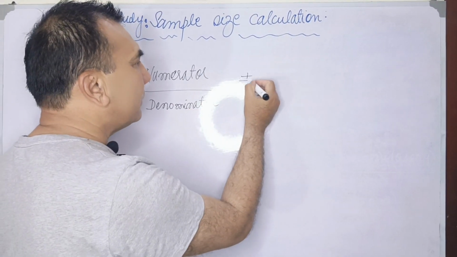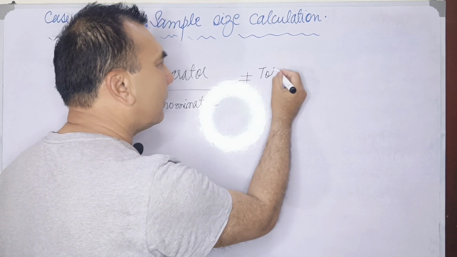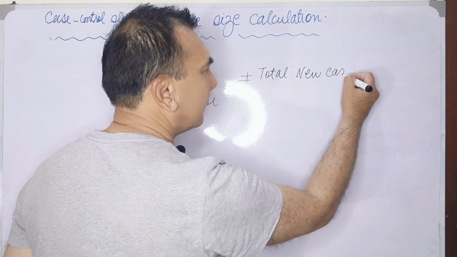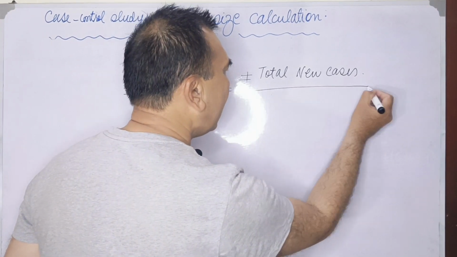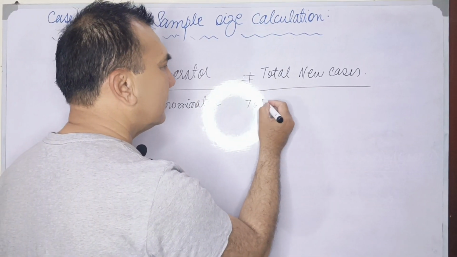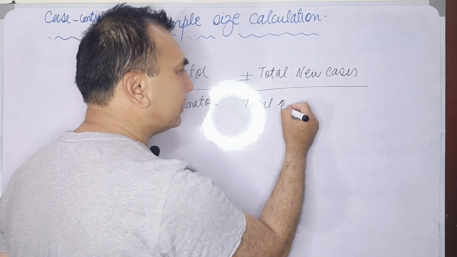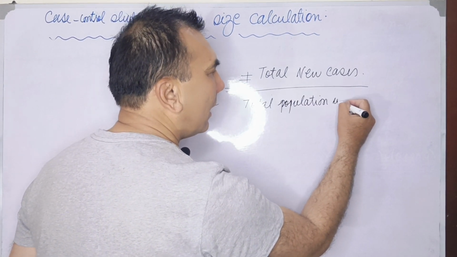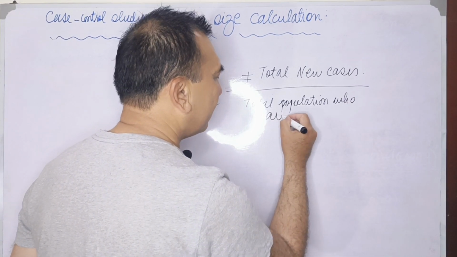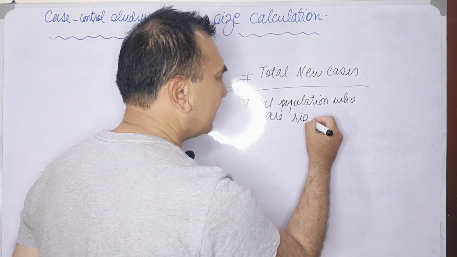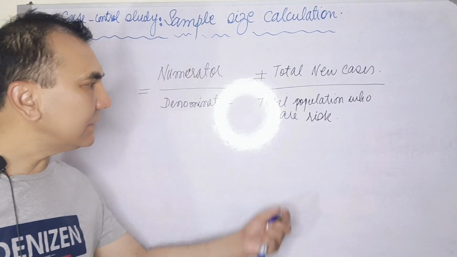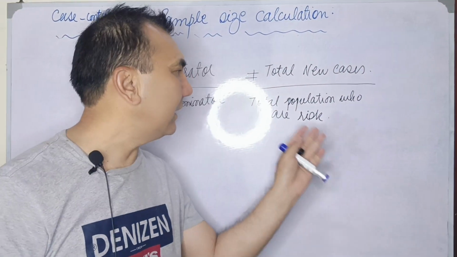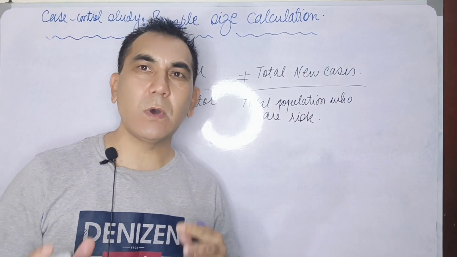In the numerator comes the total number of new cases, and in the denominator the total population who are at risk. You can say the total risk population.